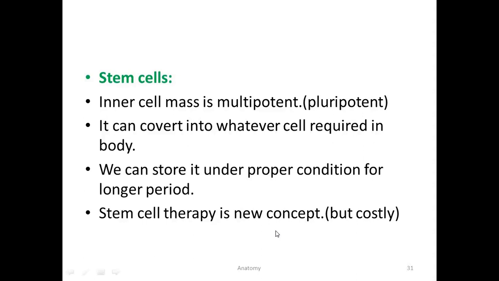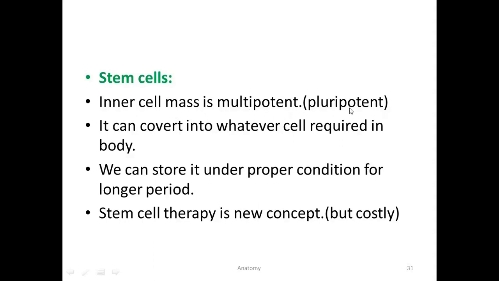The inner cell mass is multipotent. If you go back retrospectively, the first phase after fertilization is implantation, right? The trophoblast multiplies, and once the trophoblast gets modified, the remaining part we call the inner cell mass. After so many cleavages, these cells are multipotent, or pluripotent, in nature.